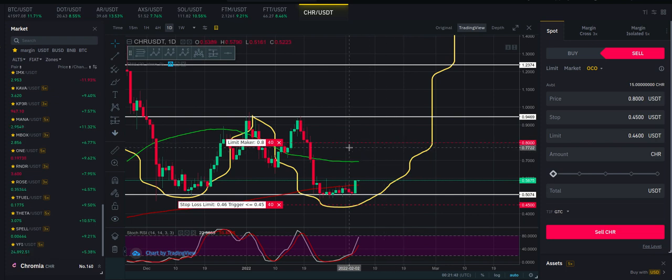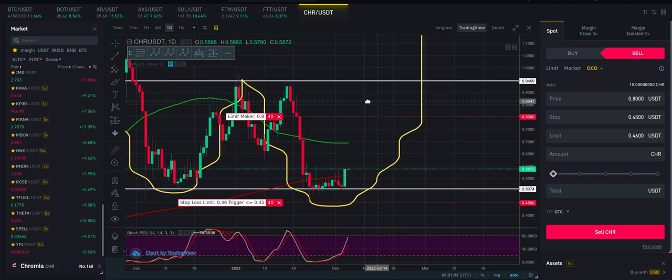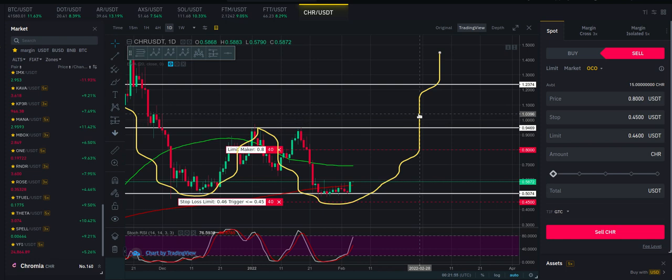For example, for you to see it. Any way you want to put it, provided it's within the range that is acceptable by the particular trade that you are trading. So both are being executed. One here, as you can see, stop loss limit 0.46, trigger 0.45.